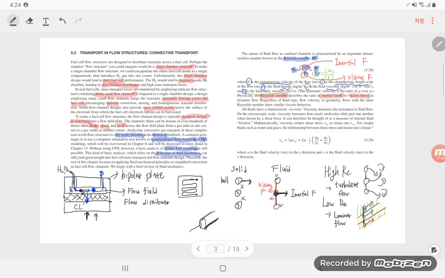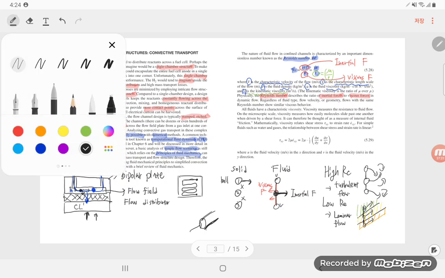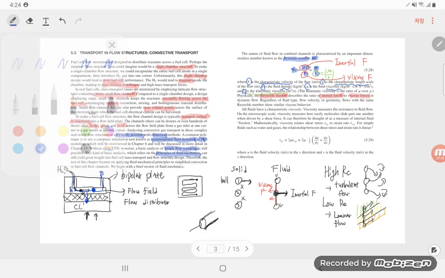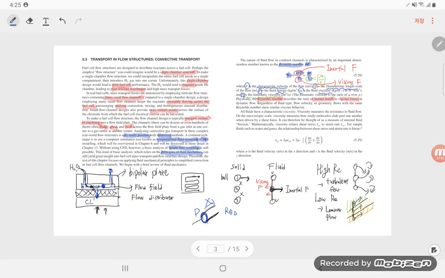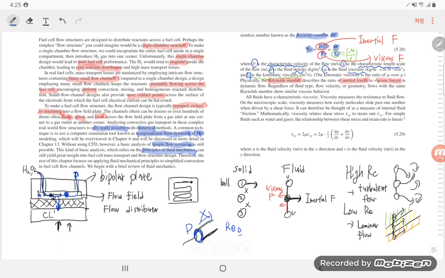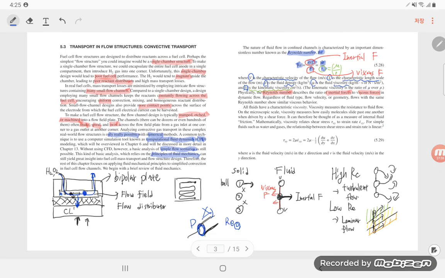This is the internal flow. So here the characteristic length is the diameter D, not this length, the diameter. So we denote this one as Re_D.